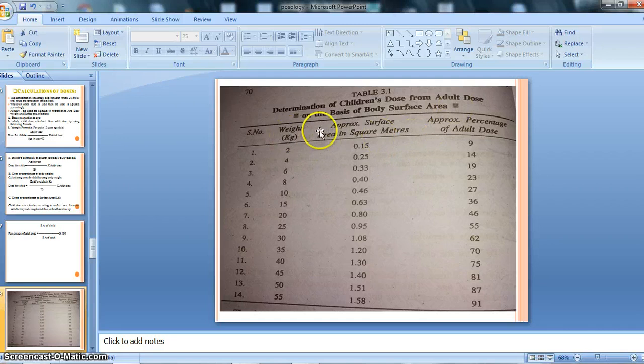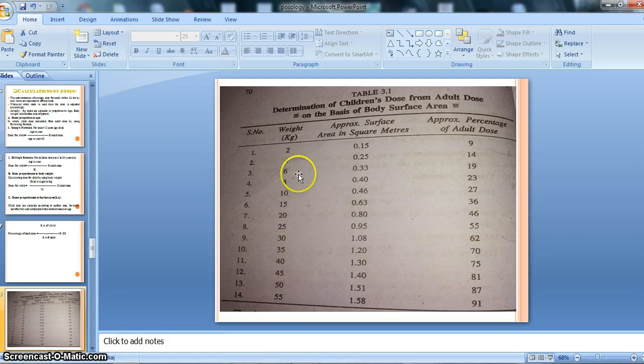There are some columns here: serial number, weight, approximate surface area in square meters, then approximate percentage of adult dose. There are various weights of patient: 2 kg, 4 kg, 6, 8, 10, 15, 20, 25, 30, 35, and so on.